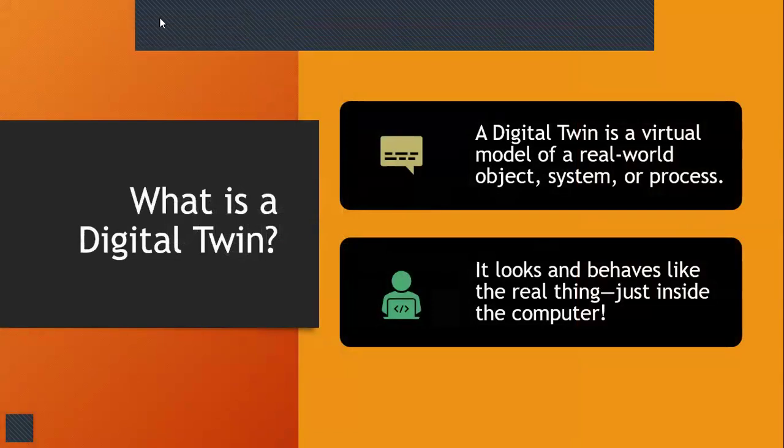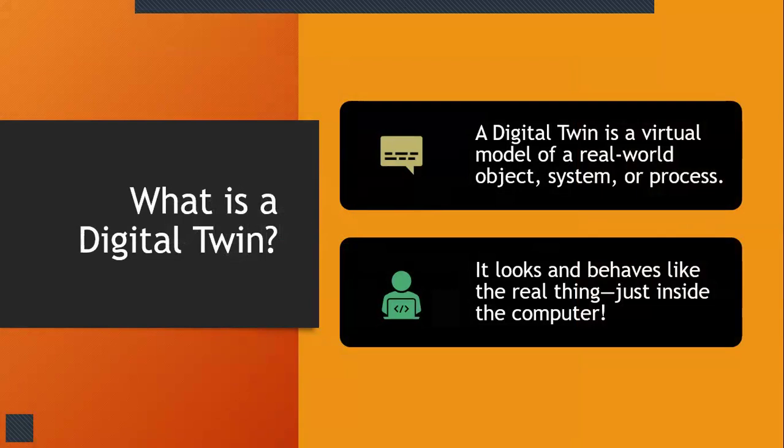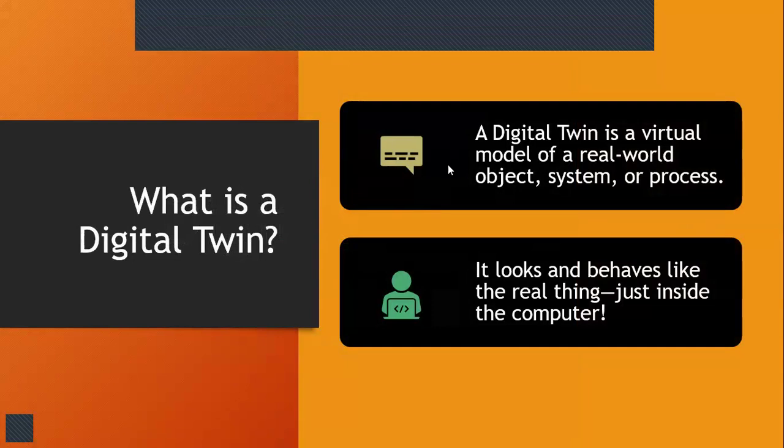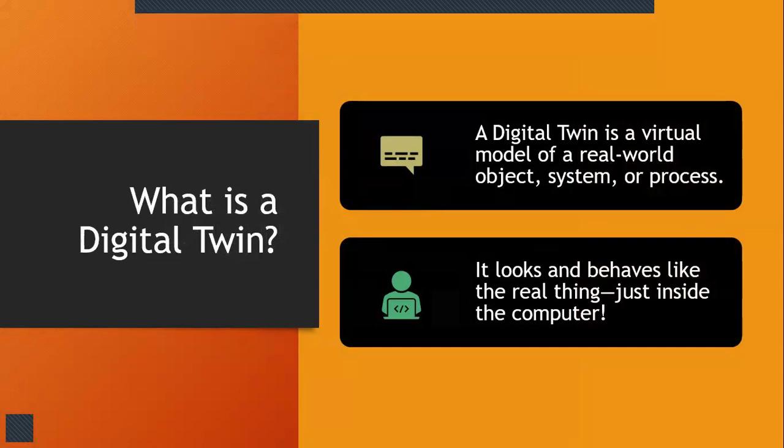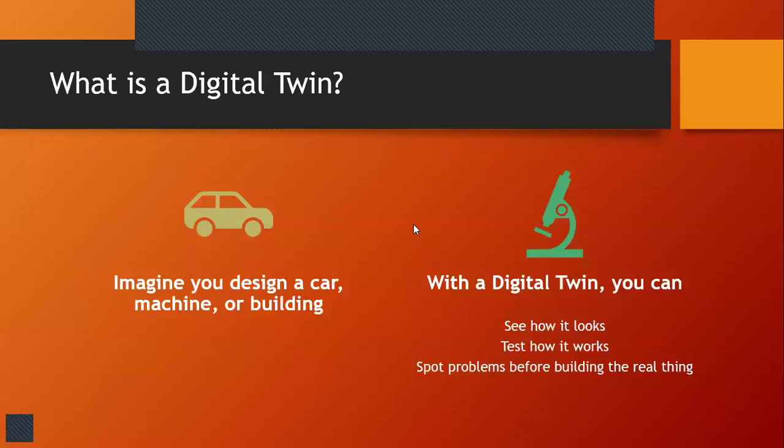Digital twinning means creating a virtual model of a real world object, not just a prototype, guys. This is a real world product, virtually. It looks and behaves like the real thing, just inside the computer. Prototype means a minimum viable product, but this is a real thing we create virtually, right? I will show you an example as well.